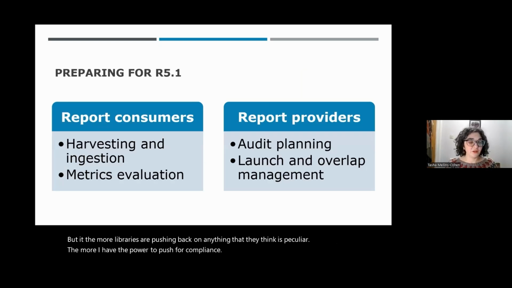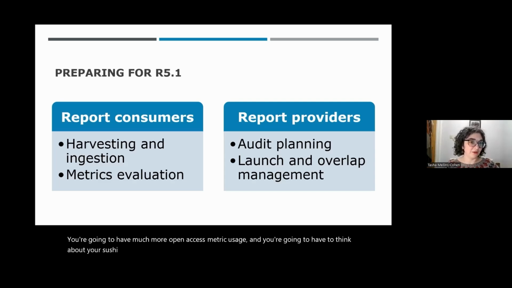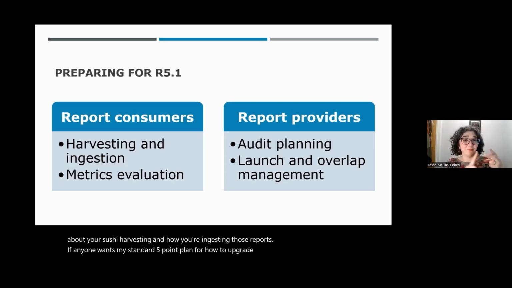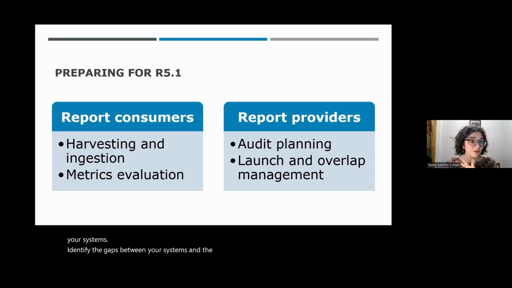So just as a reminder, big things that are changing for you. You're going to have much more open access metric usage, and you're going to have to think about your SUSHI harvesting and how you're ingesting those reports. If anyone wants my standard 5-point plan for how to upgrade: review the documentation, assess your systems, identify the gaps between your systems and the documentation, do your necessary dev work, check to see whether it's worked, and if need be, go around the cycle again.